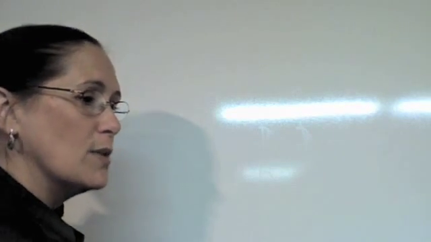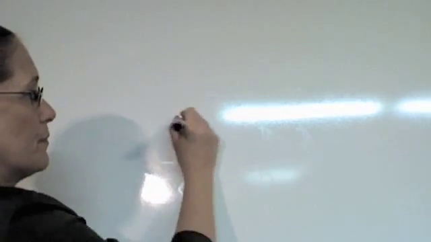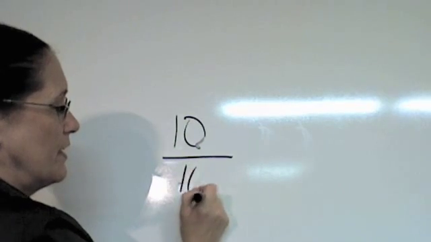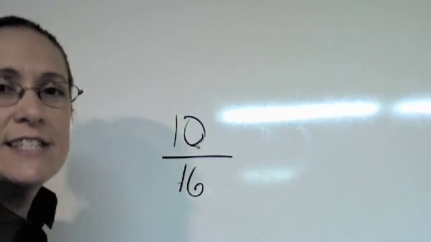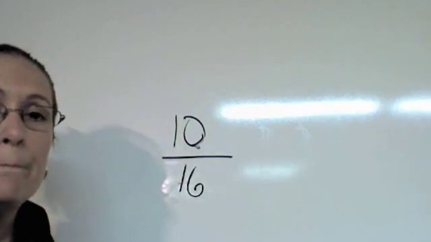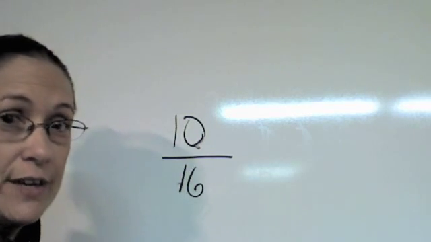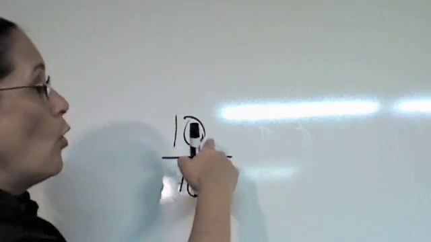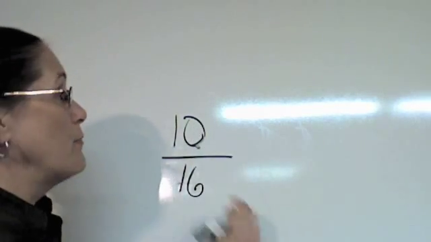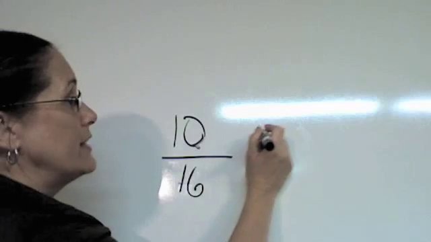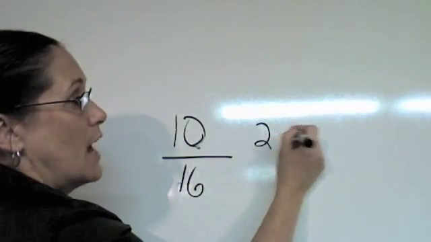Let's simplify this fraction. Let's put it into lowest terms. It's 10/16. Now you may look at that and already know what could be factored out of it. Or we can rewrite this into prime factors. 10 rewrites as 2 times 5.